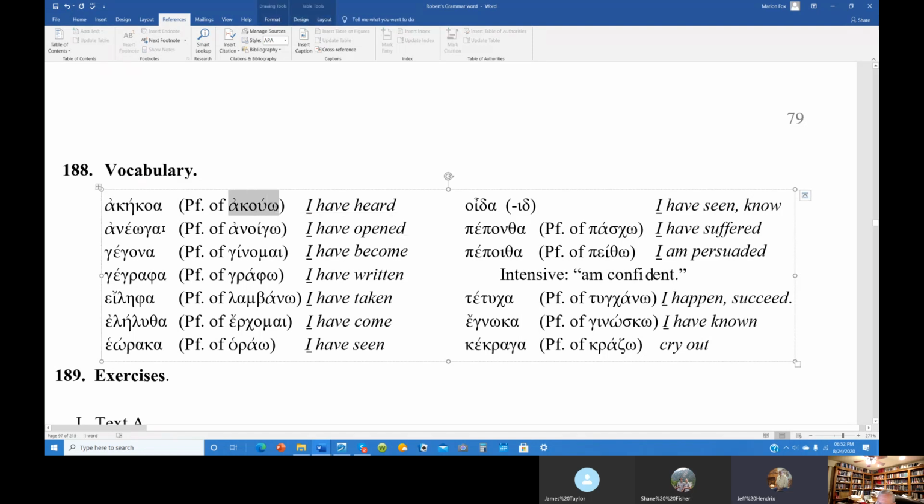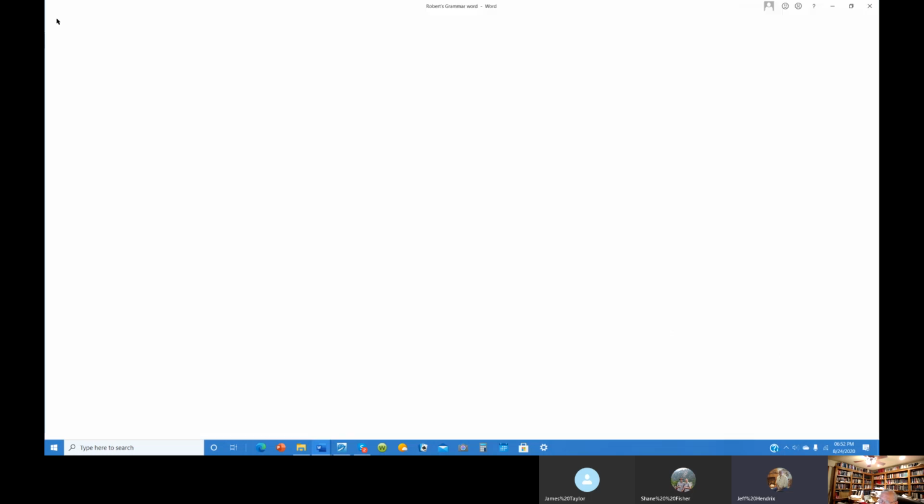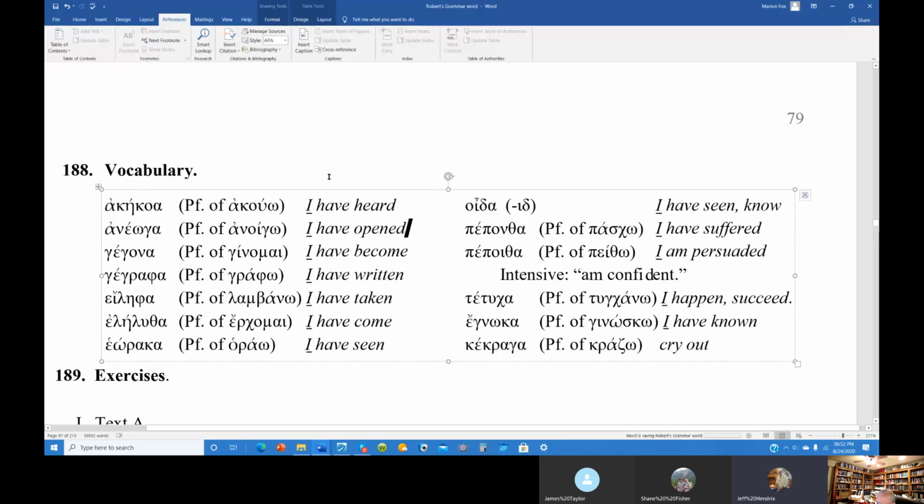Right now. Right here, aneoga. And this is I have opened. So we have here the opening of something. And this is to have opened, or I have opened and it's still open, is what that means. Now, I believe this word is found in, not Luke, but Acts 16.